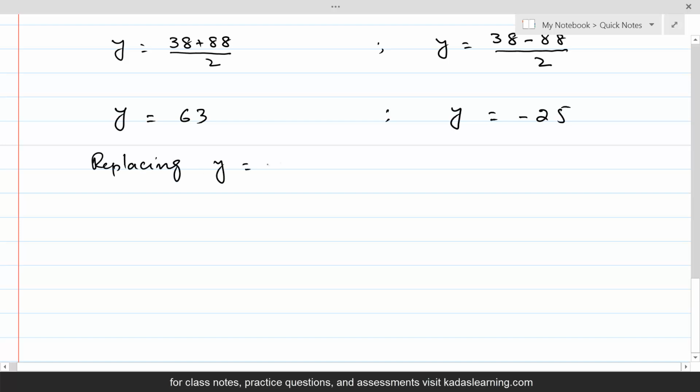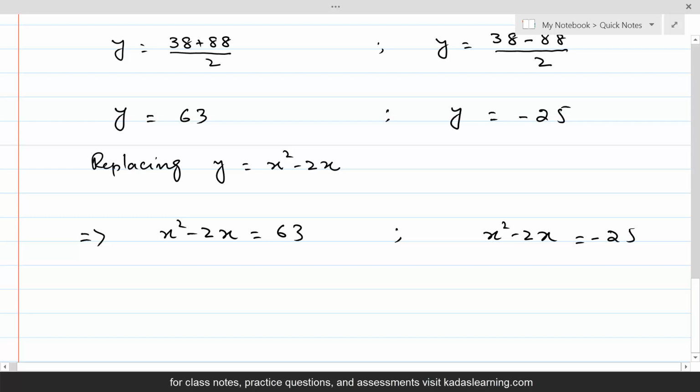y equal to x square minus 2x, this will give us x square minus 2x is equal to 63, and here x square minus 2x is equal to minus 25.